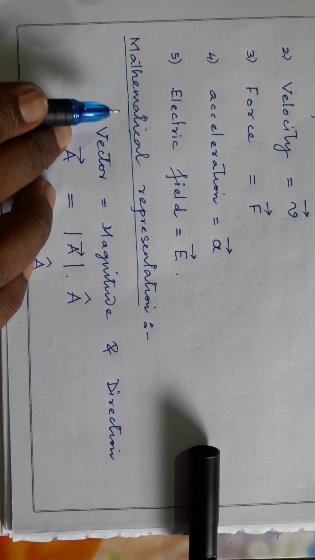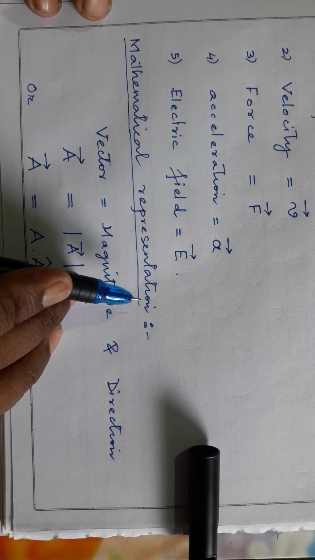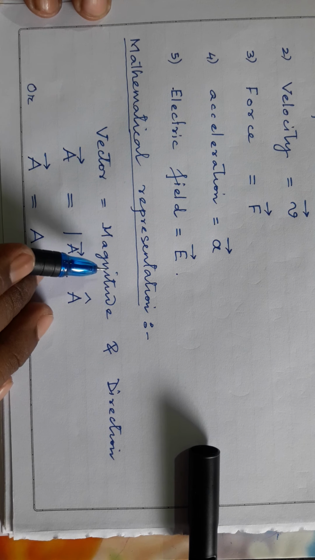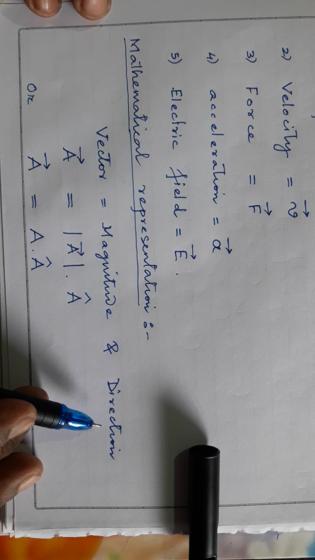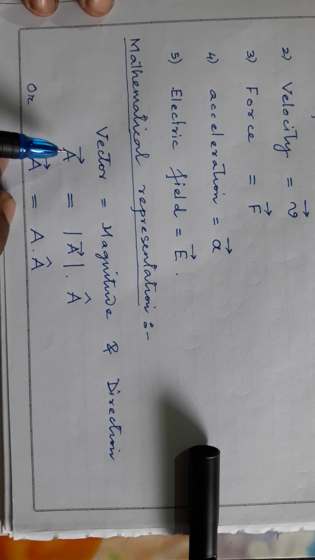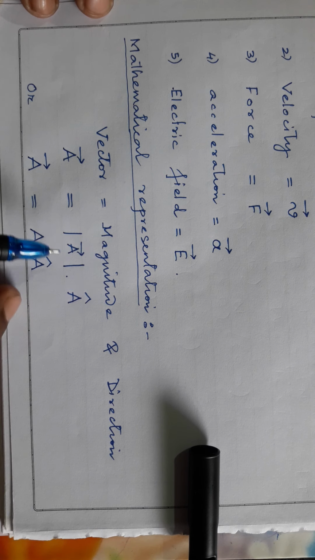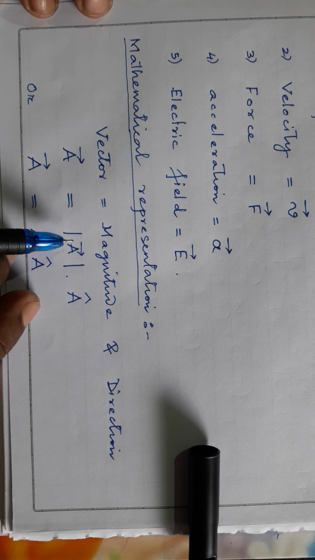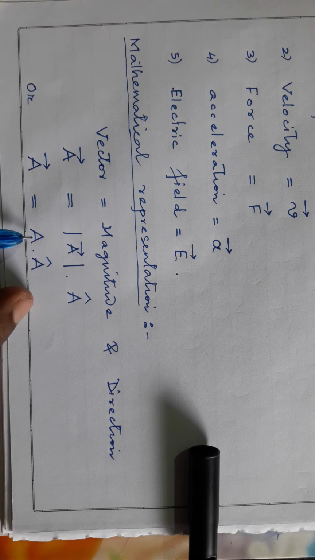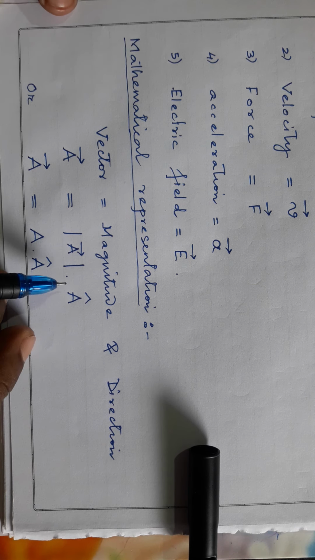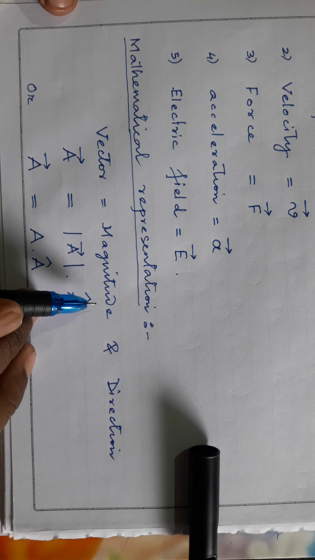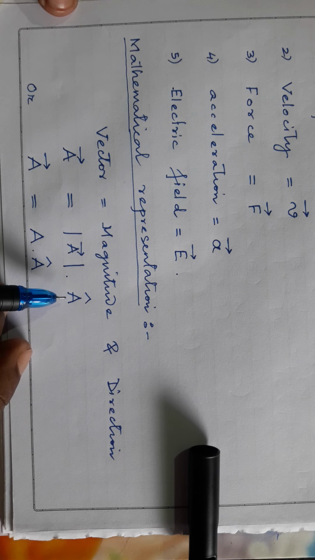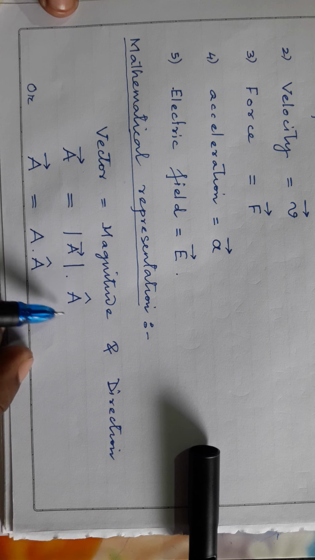Now mathematical representation of a vector. Vector has both magnitude and direction. Suppose A vector, so magnitude is represented by modulus of A vector or simply A, and direction is given by A cap, which is known as unit vector. This gives direction.